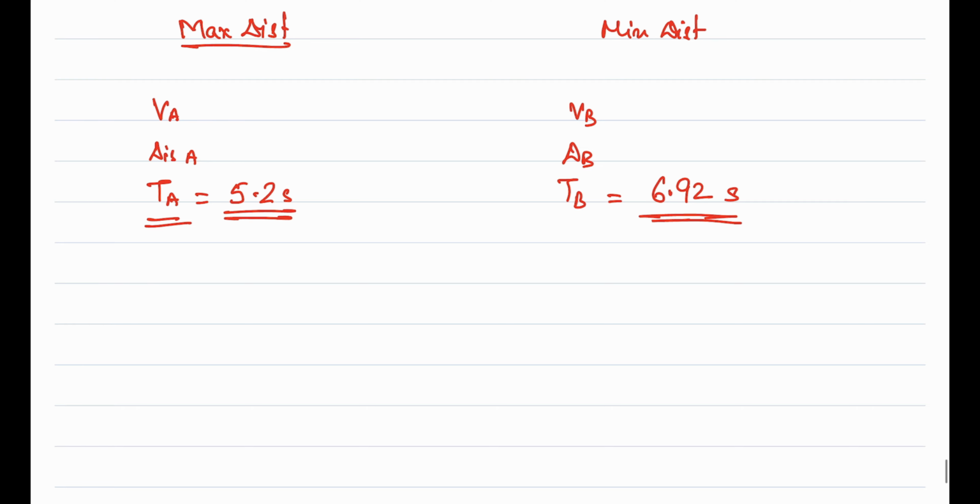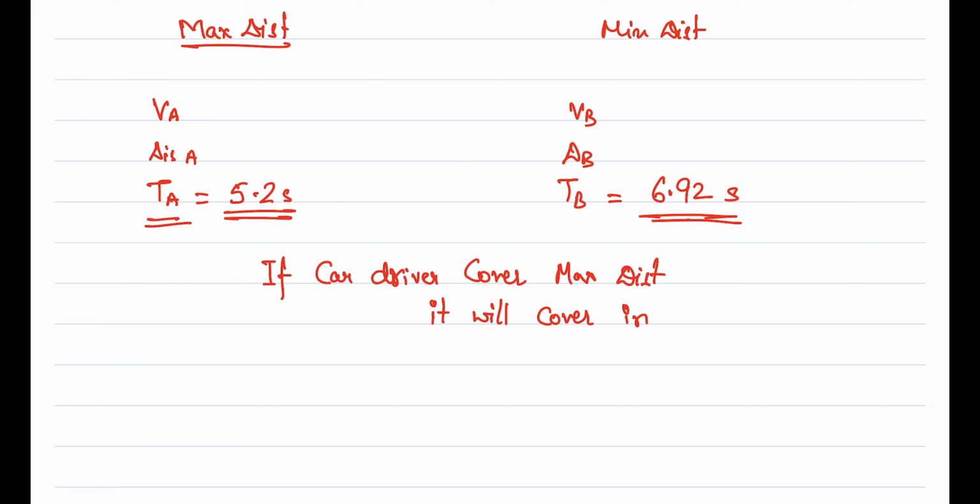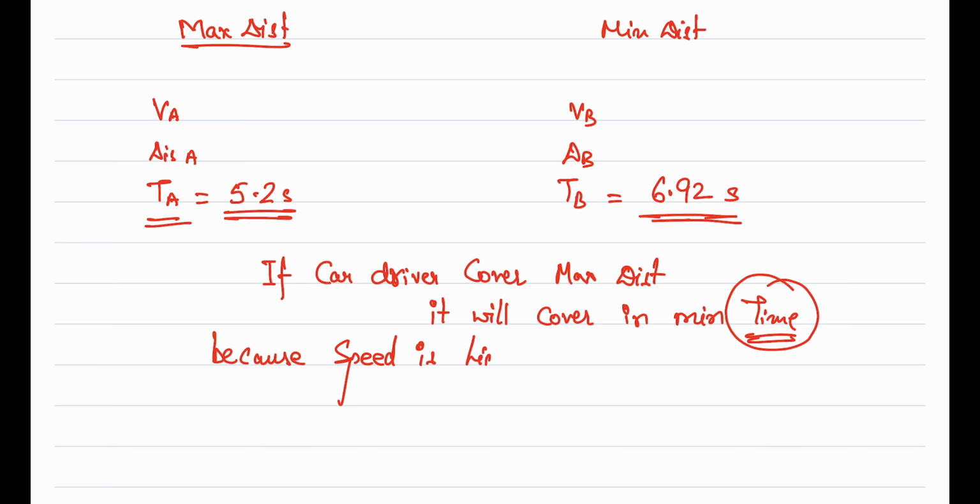Can I say, if the car driver covers maximum distance, it will cover in minimum time? Yes or no? Do you understand? Because speed is higher in that case. Yes or no?